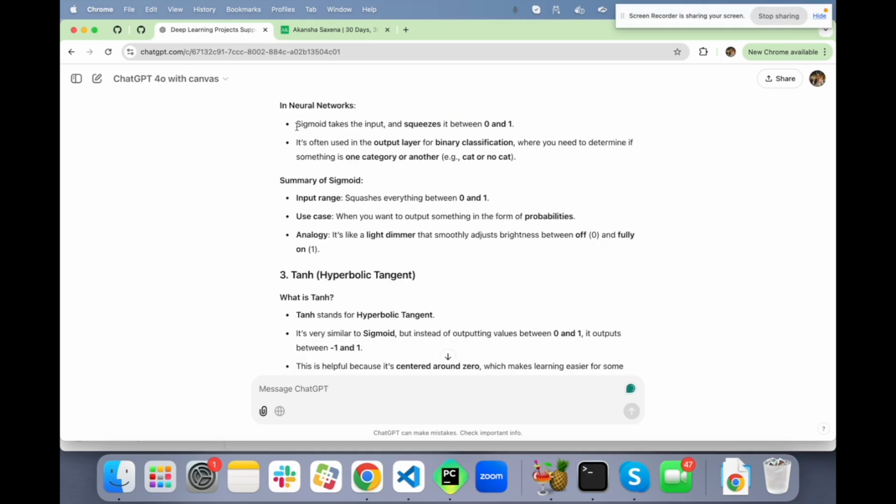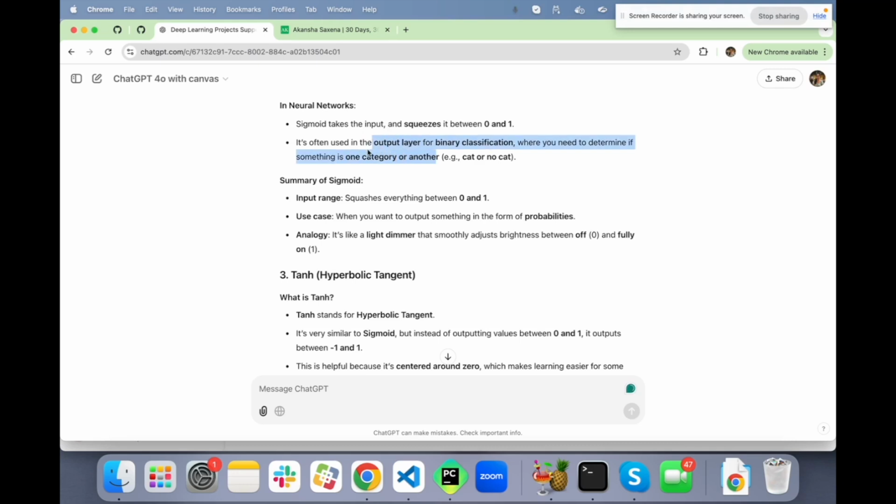In neural networks, sigmoid takes the input and squeezes it between 0 and 1. It is often used when the output layer is a binary classification, where you need to determine if something is of one category or another.